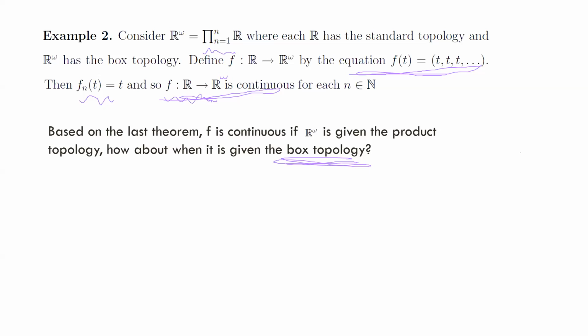In the box topology, you still have the same conditions, right? So in the box topology, you would just have a cross product of those R's.